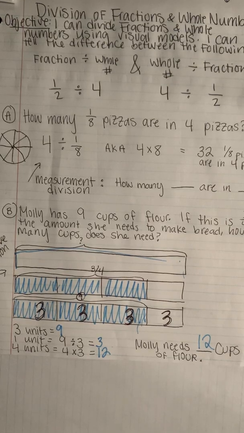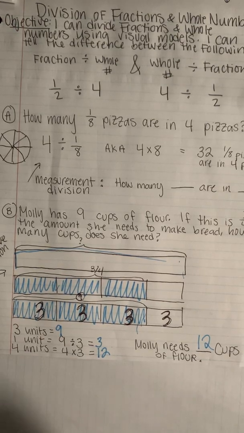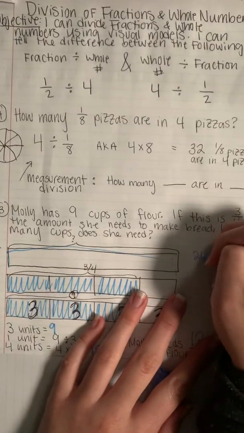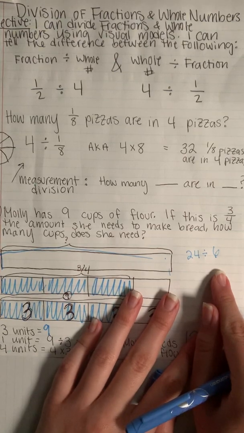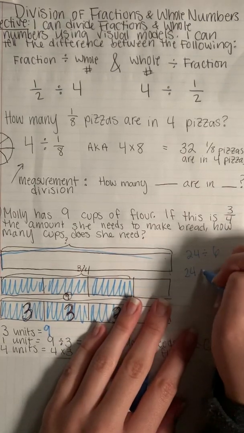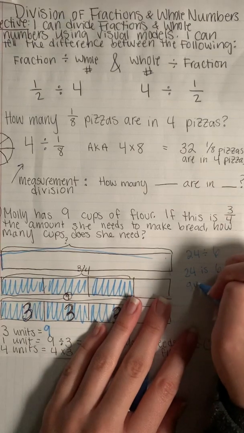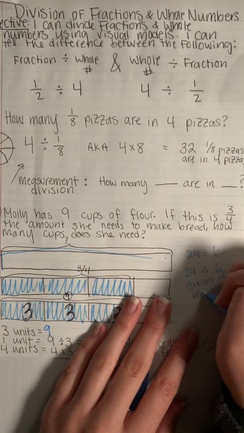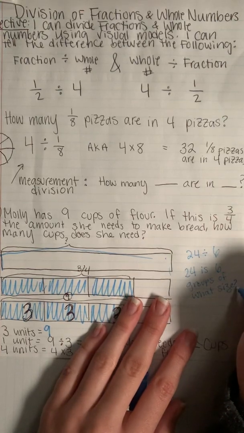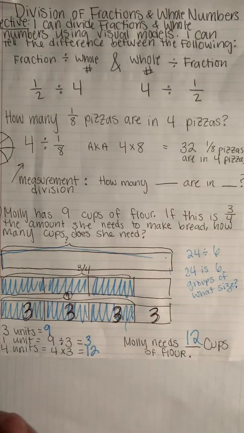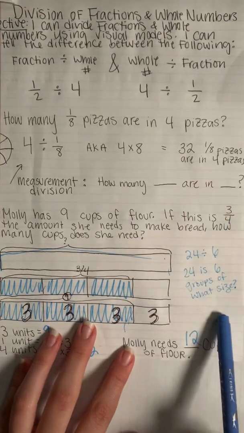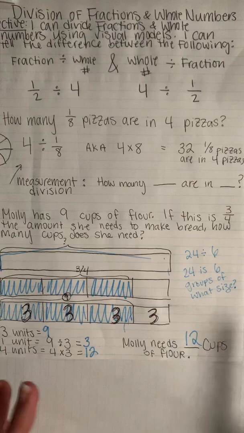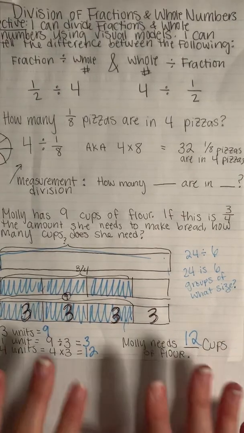In a partitive division expression that uses whole numbers, like if we had 24 divided by 6, where 6 represents the number of groups, a student might think 24 is 6 groups of what size? Like how many items are in each of my 6 groups? So that makes us think a little differently. It's important to recognize that there are different kinds of word problems so that we can strategize when we're solving them.